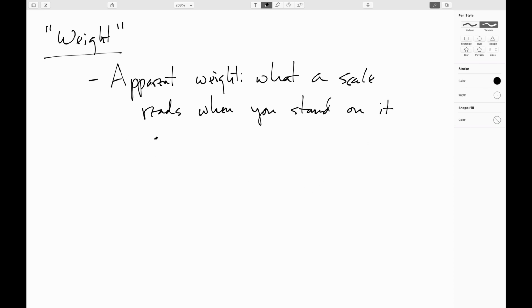So this is actually a normal force. Because if we draw a free body diagram, we'll have gravity pulling down on you and the normal force from the scale pushing up on you. And what the scale is reading is usually how much a strain gauge sensor in the scale has been compressed.